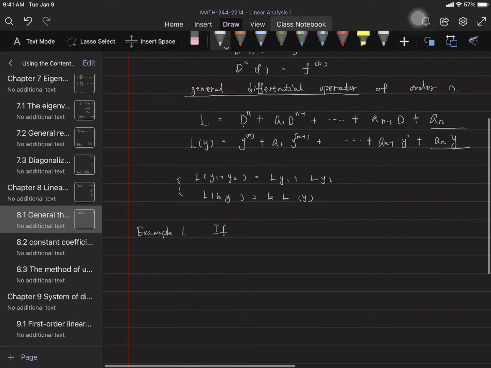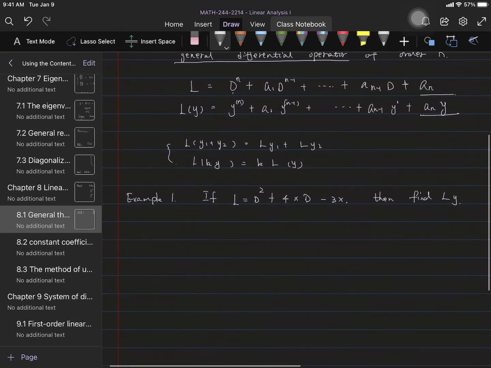If L equals D squared plus 4x D minus 3x, then find Ly. Let's see, what is Ly? Firstly, D squared means the second derivative, right?